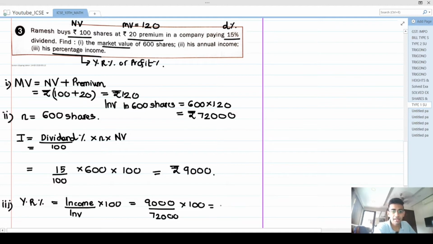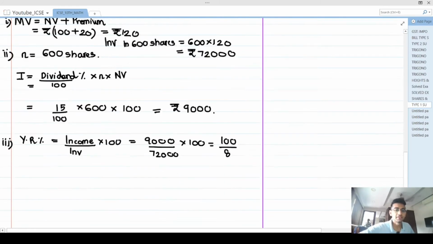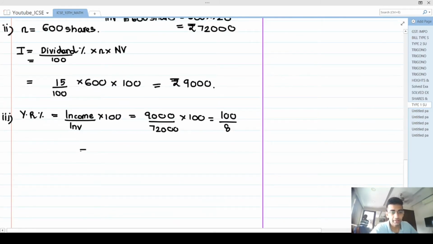This turns out to be around 100 upon 8. And when we work this out, 100 upon 8 turns out to be 12.5%.